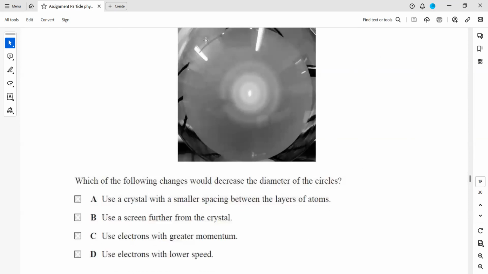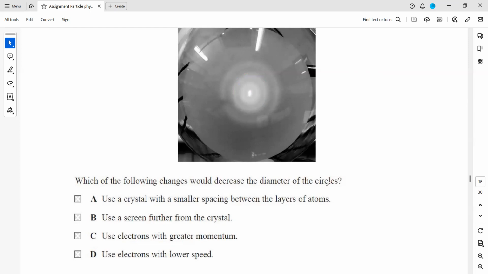If we want to decrease the diameter of the circle, like these circles, we want to reduce their diameters. We want them to be closer to each other. So, use crystals with a smaller spacing between the layers.